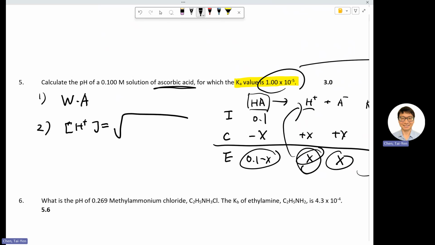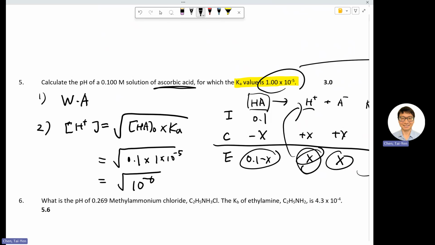Square root of original weak acid concentration times your Ka, which is going to give you 0.1 times 1 times 10 to the negative 5, which is the square root of 10 to the negative 6, which equals 10 to the negative third, right?